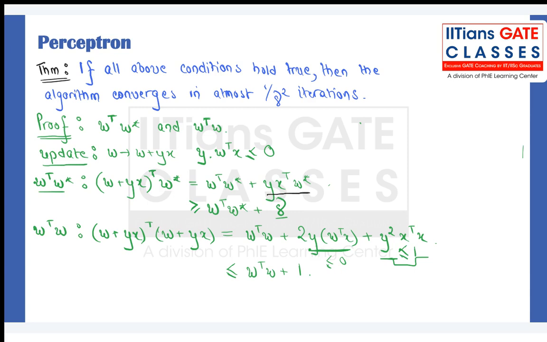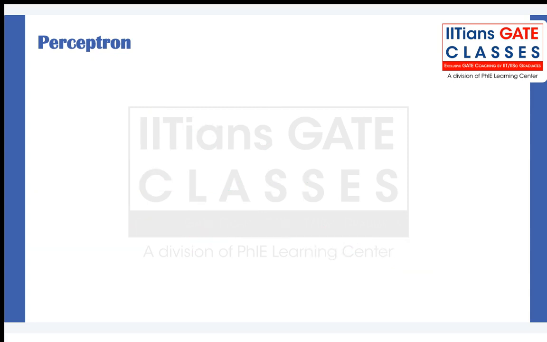So I can claim that after M updates, my W transpose W star will be greater than or equal to M times gamma, and W transpose W is less than or equal to M. Okay.